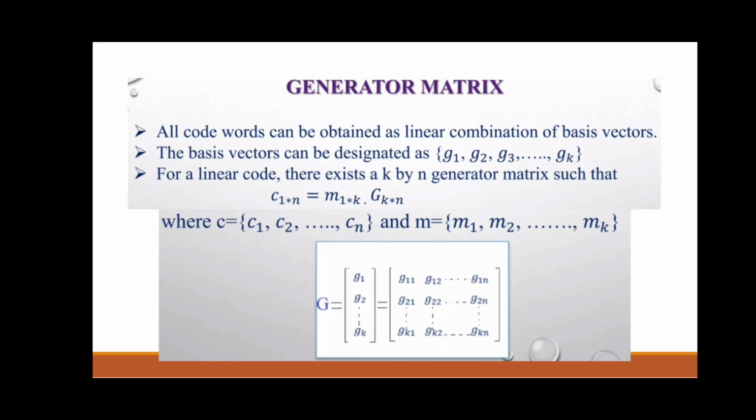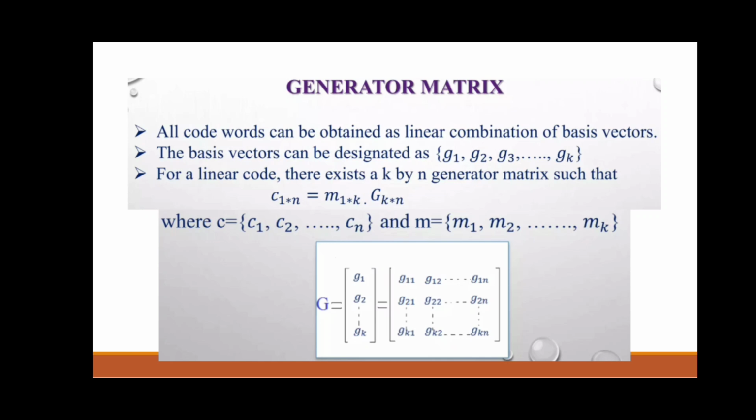You can see G is G1, G2, G3 up to Gk, and if we expand G1, it will have G11, G12 up to G1n, and G2 will be expanded as G21, G22 up to G2n, and so on up to Gk1 through Gkn. So there will be k rows and n columns in this generator matrix.